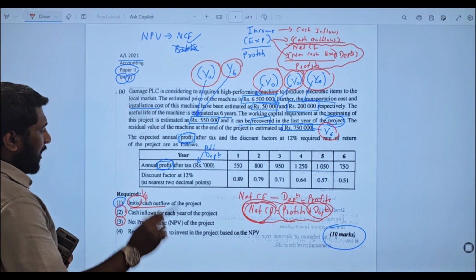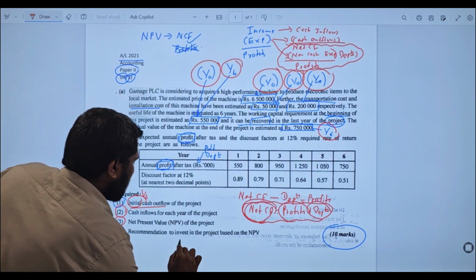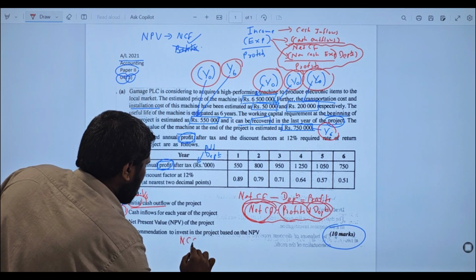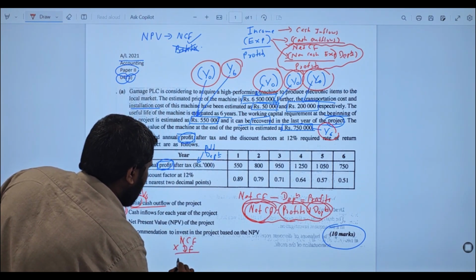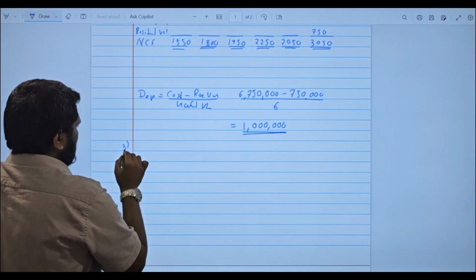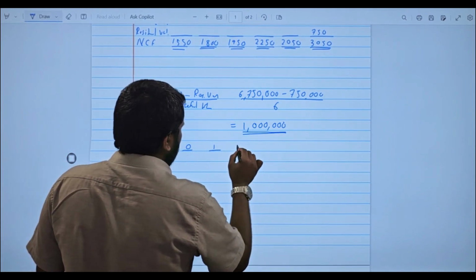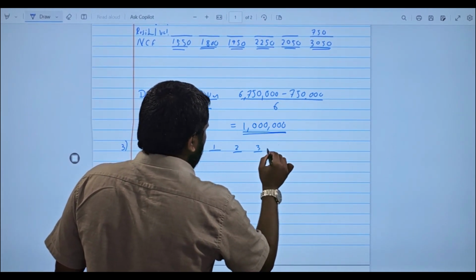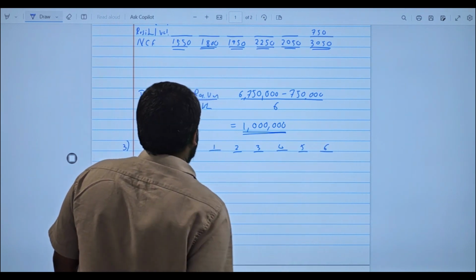They are asking us to calculate the NPV. How to calculate the NPV? Your net cash flow should be multiplied by the discounting factor for you to arrive at the present values. So here I'll write year 0, year 1, year 2, year 3, year 4, year 5, and year 6.